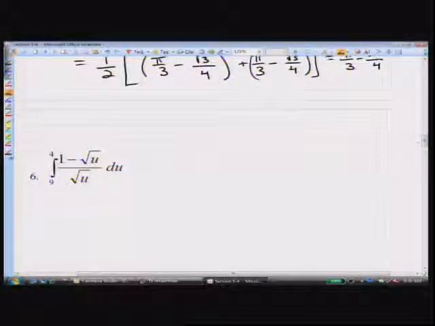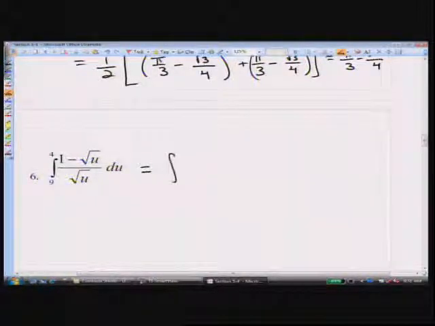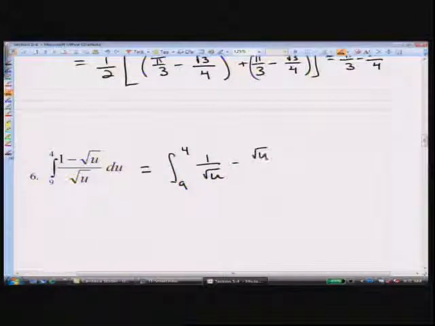Okay, so now on this problem, I think I am going to pick on you to help me, Alan, simplify this before I work it. I'll give you a hint. 1 over the square root of u minus the square root of u over the square root of u, right? Mm-hmm.